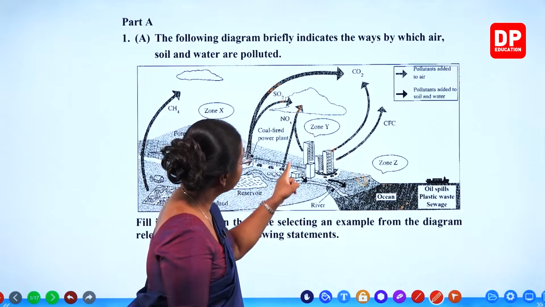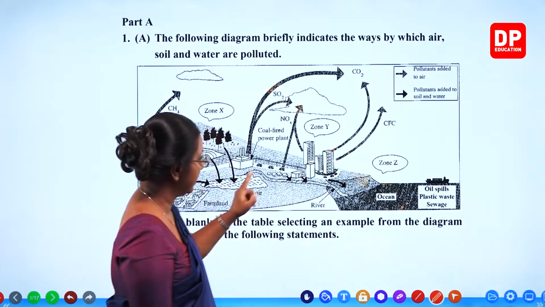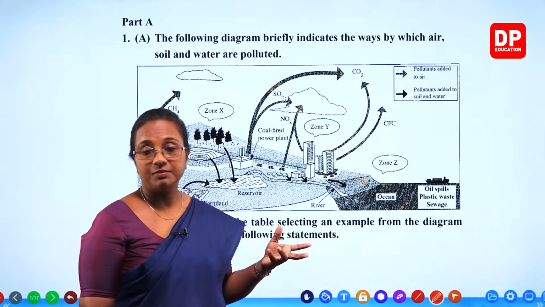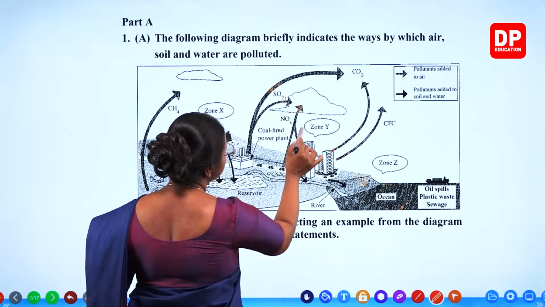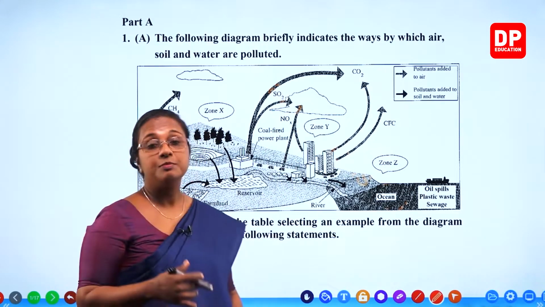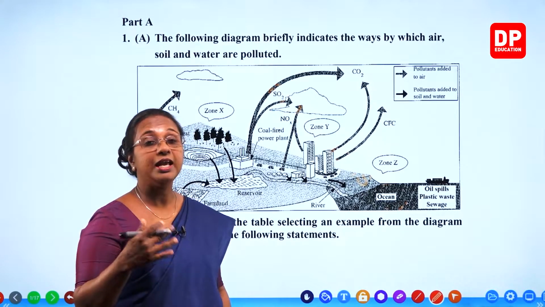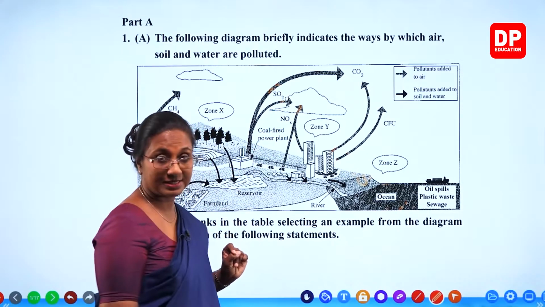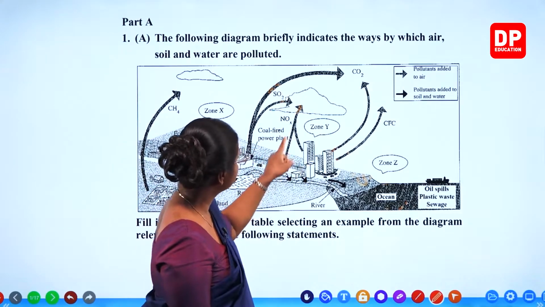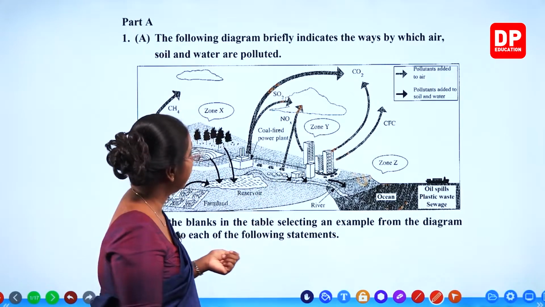You can understand it is like an urban area, a city area. From there, nitrogen oxides, NOx, because you all know nitrogen monoxide, nitrogen dioxide, NO, NO2. So we refer to it as NOx. Those are released from both vehicles and the households in the city area.